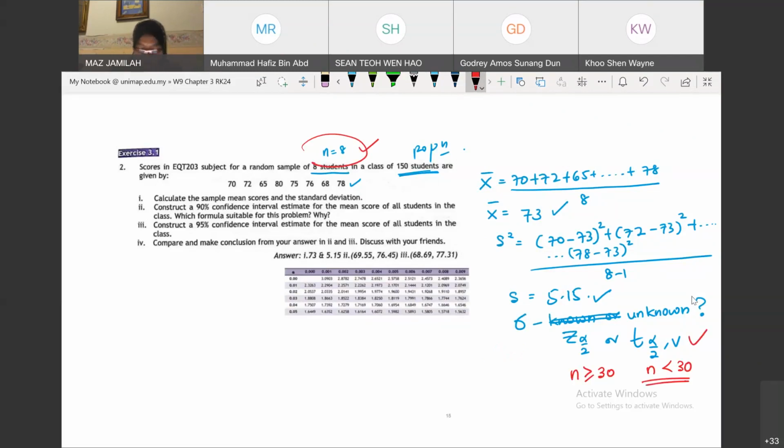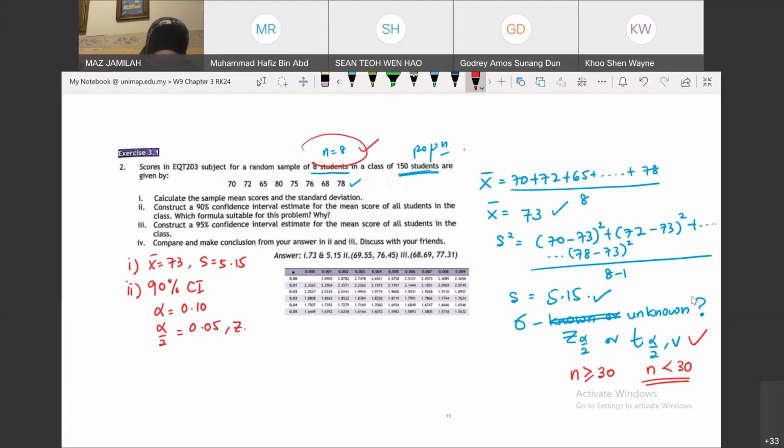Okay, so we continue. First, x bar is 73, s is 5.15. Construct a 90% CI. For a 90% CI, alpha is equal to 0.10, so alpha over 2 will be 0.05.